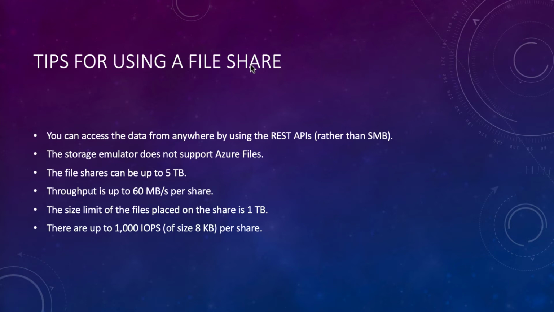And then there are up to 1000 IOPS, of size 8 kilobytes per share, that you basically can have in a Microsoft Azure storage account. And again, if you don't remember, IOPS is input output operations per second, and that's basically a definition of the speed that you can have.